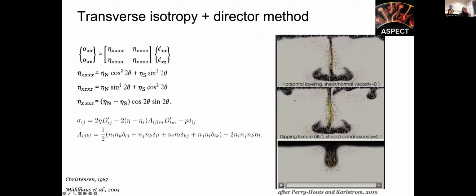With a different texture, you would have also different instabilities.